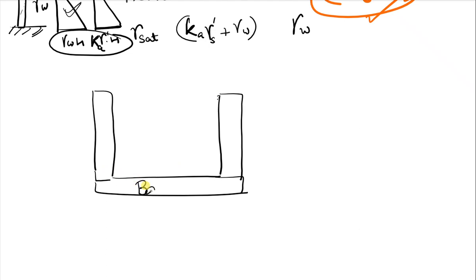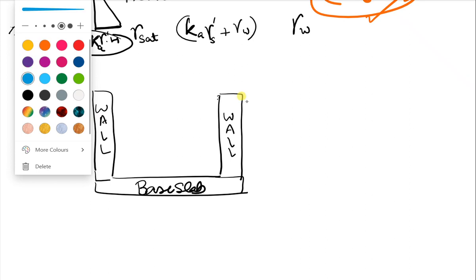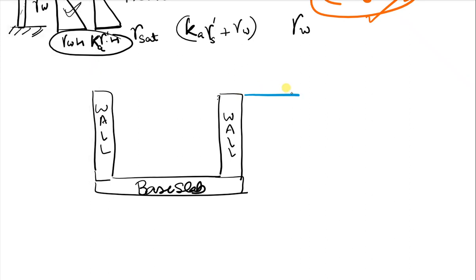So what is happening here? We have this base layer and we have this wall. This is a sectional elevation, and we have this water pressure acting from outside, water pressure as well as soil pressure, right? This is water as well as soil pressure acting from outside on the wall, right?